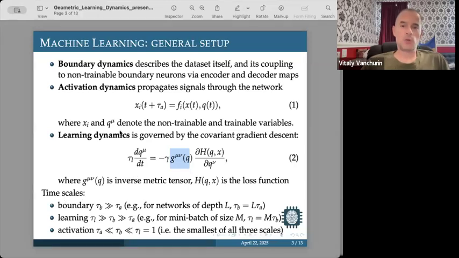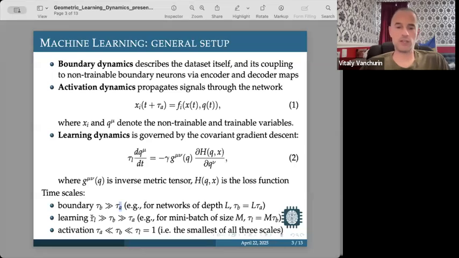Then it's important to separate the timescales for those three types of dynamics. We have a boundary dynamics that is slower than the activation dynamics, or a single step of activation dynamics. For example, if we have a deep neural network, it will take L steps of the activation dynamics before you reach the output layer, and then you want to change your boundaries using the data set again. So there is this separation of scales here.